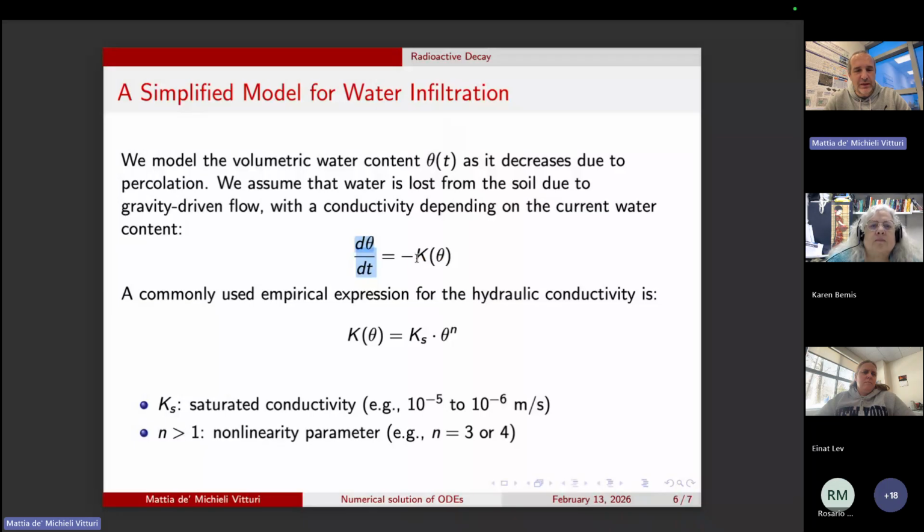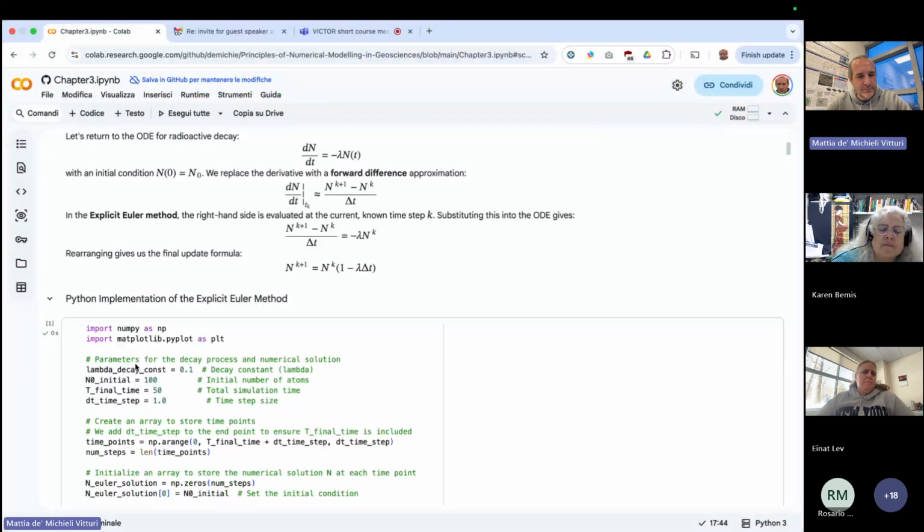And the conductivity here is given as a coefficient, what is called the saturated conductivity, multiplying the actual water content, but in this case raised to some exponent. So it's not linearly proportional to the water content, but it's proportional to this theta raised to the n. So what is the problem here?